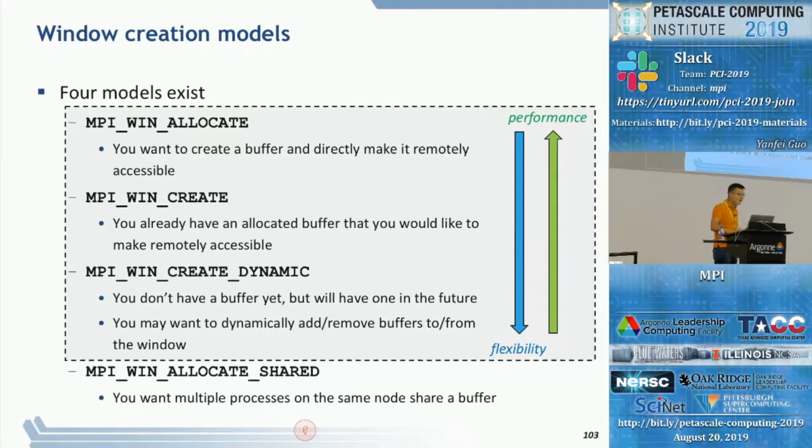But the downside is that the more flexibility you get, the more of a performance penalty you pay, because the MPI library has less information to optimize with. If you have win allocate, the library already knows you're going to create a new buffer, I'm going to create it for you, and I know how large the memory is. So there are a lot of places where MPI can optimize, while if you do win create dynamic, there are far fewer places to optimize for the library.